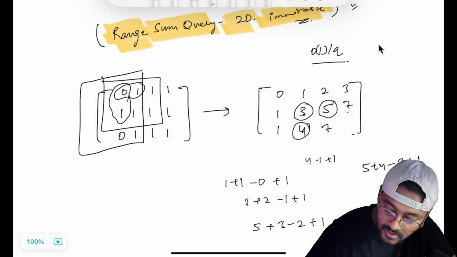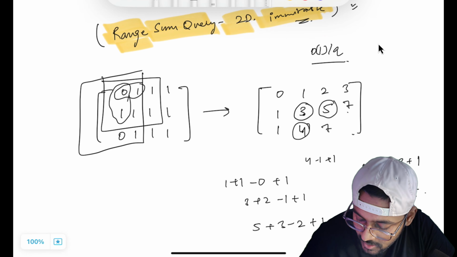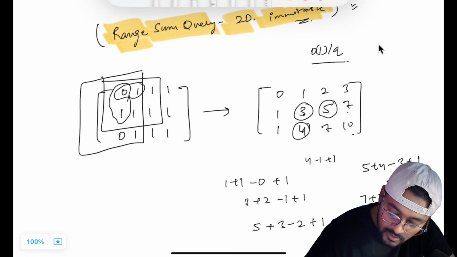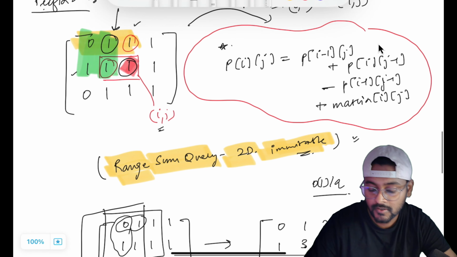After that, 7 plus 7 plus 1 minus 5, 7, 7, 14 and 15 minus 5, which is 10. So this is the prefix sum. This is how I will calculate the prefix sum using this formula.